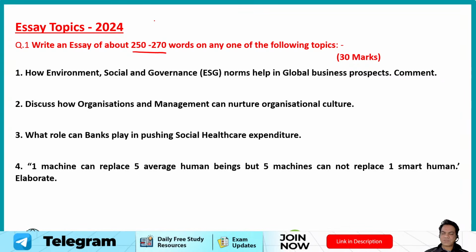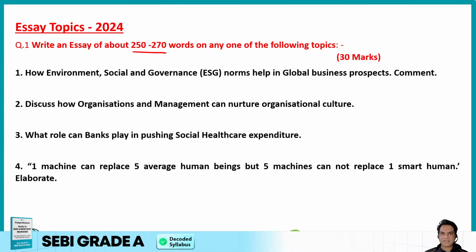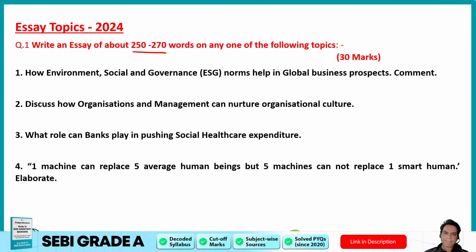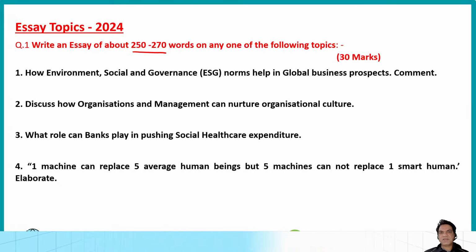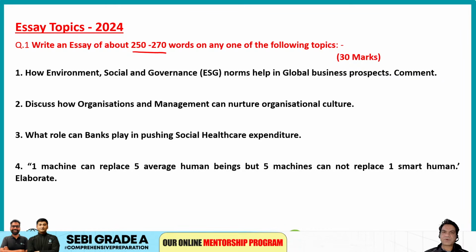Sir, is it true that SEBI is going to ask for a 400 word essay? Guys, if you just search on Google the previous year notifications for 2022, 2020, and even beyond that, you will understand that every year they give the same handout. They just change the specifics for the year, but the rest remains the same.